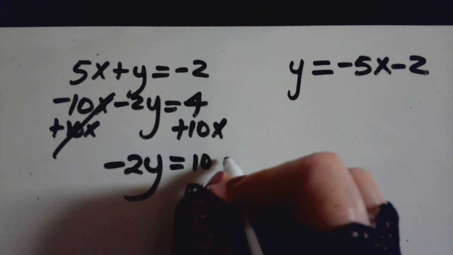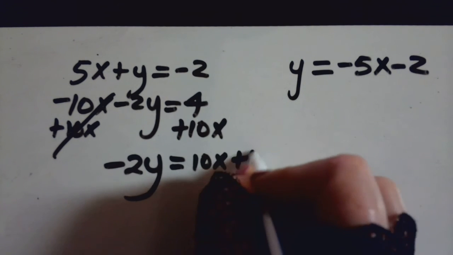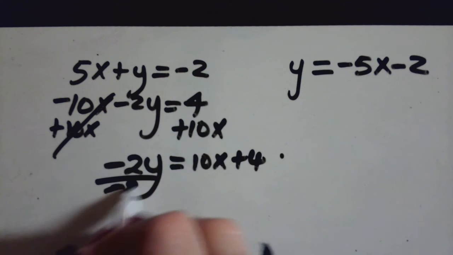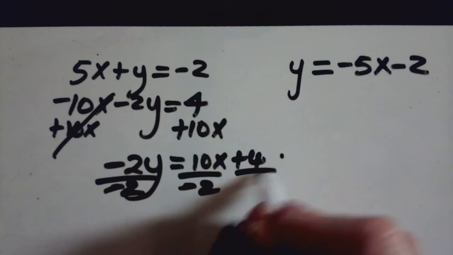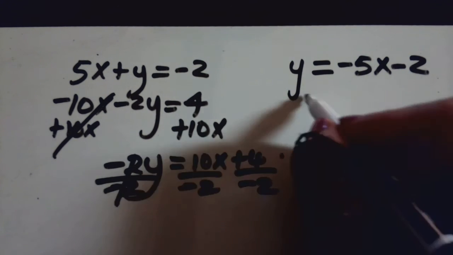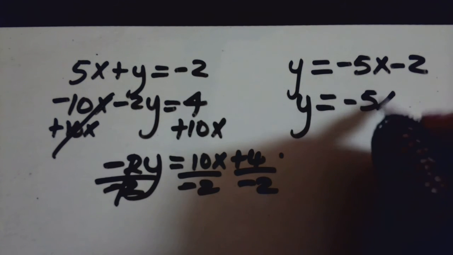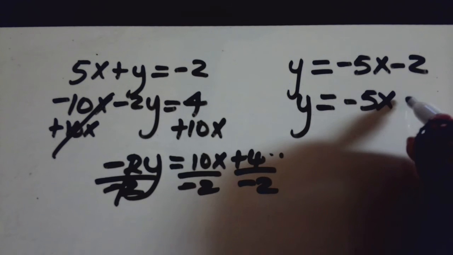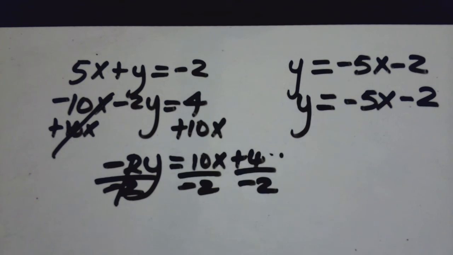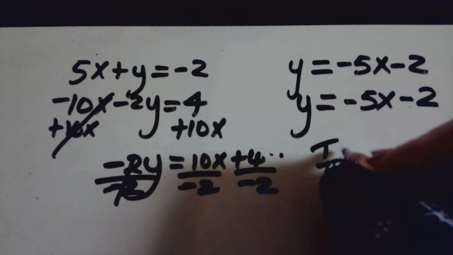So now I'm not showing every step because we've been doing this for a while, so you should understand what I'm doing now. Okay, so y is equal to 10 divided by negative 2 is negative 5x. 4 divided by negative 2 is minus 2. So which ones do we have? They're exactly the same, so we have infinitely many solutions.